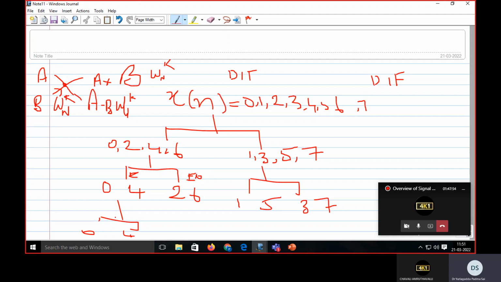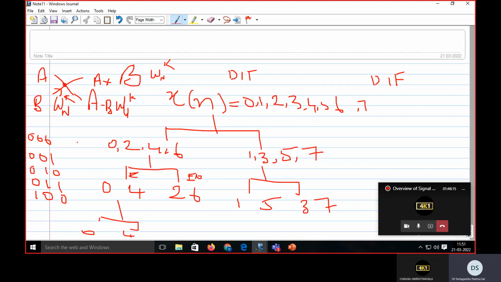One more important point is bit reversal. Bit reversal means, for example, 0 0 is natural order, then 0 1, and so on.